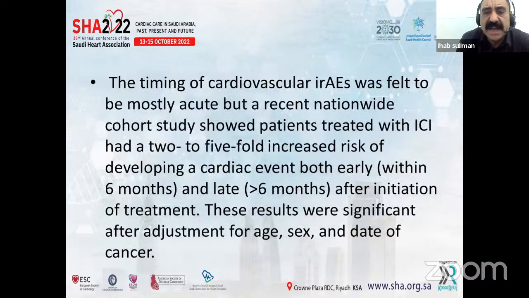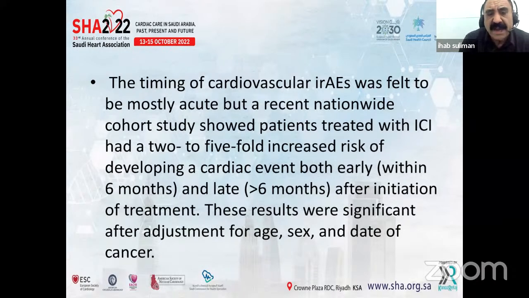When will the cardiovascular adverse events be seen in the treated patient? We can see the adverse event within the first 6 months, or we can see it after 6 months of therapy.